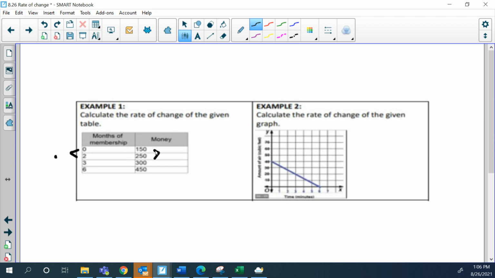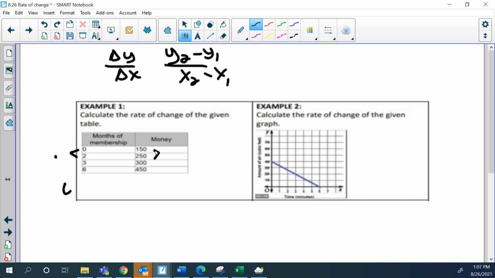So remember the delta y over delta x is the same as what I've been doing, y2 minus y1 over x2 minus x1. Okay, the same thing.